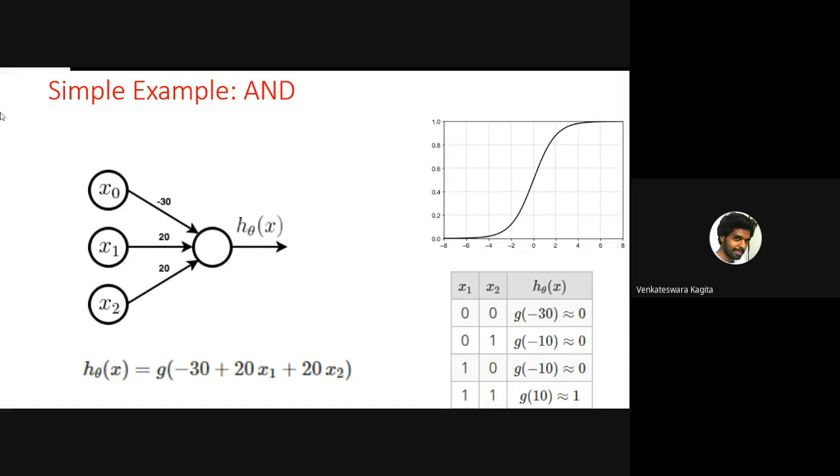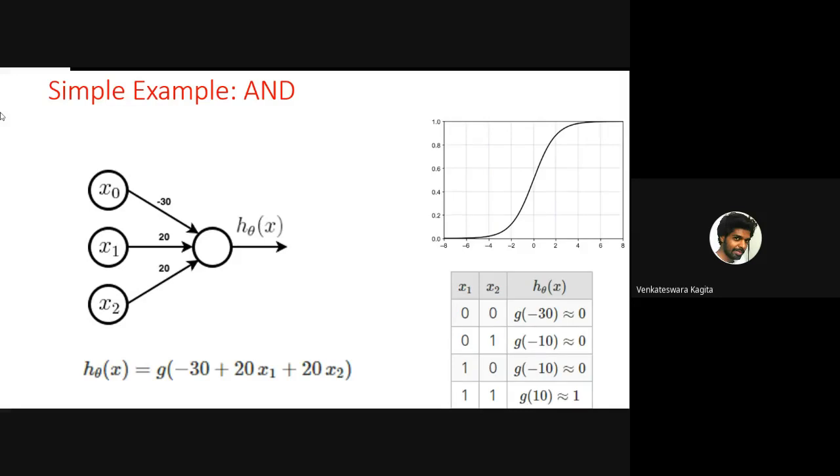With 1, 1, this quantity would be 10 because minus 30 plus 20 plus 20 is 10. Sigmoid of 10 is 1 by 1 plus e power minus 10. E power minus 10 is negligible, almost 0. So 1 by 1 plus 0 is equivalent to 1. So our AND gate is fulfilled with the weights minus 30, 20 and 20.